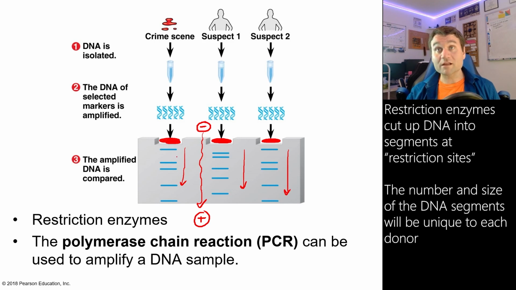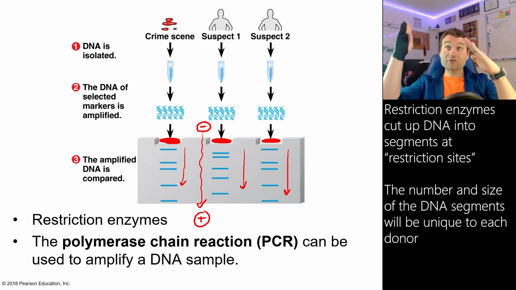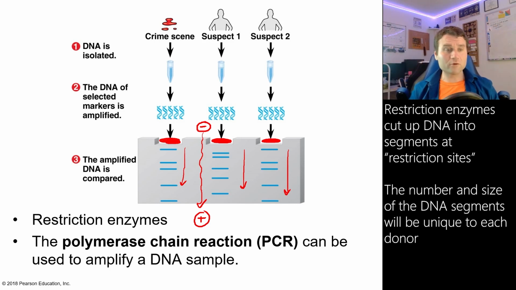On the microscopic level, this gel isn't solid. It's a series of different protein strands which are crisscrossing in front of each other. It's like trying to run an obstacle course or move your way through a jungle gym or something like that. Tiny strands of DNA, the really short segments, have an easy time getting through.